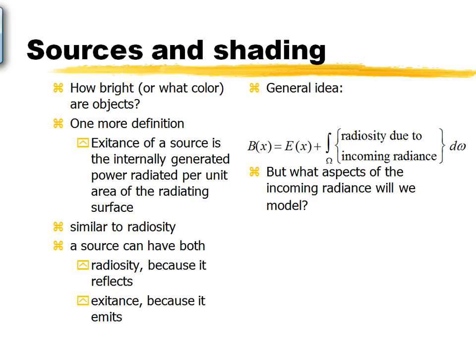Now, how do I differentiate the two? One way of doing that is to define a term called exitance. Exitance is the source of illumination that is internally generated. So every object, you can think of it as having its own internal source of light, independent of any other source of light. It's just an exitance term. And it's somewhat similar to radiosity, if you think of it, because what we want to measure is the intensity of the object, and we measure that in terms of radiosity.